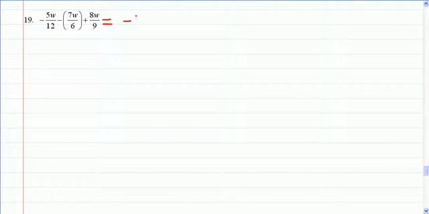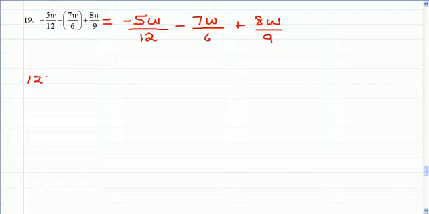So for number 19, we have 3 fractions, but again, the process will be exactly the same. We'll just have to write out a list of 3 multiples instead of 2. So I take all 3 denominators, 12, 6, and 9, and write the first 5 multiples of each.